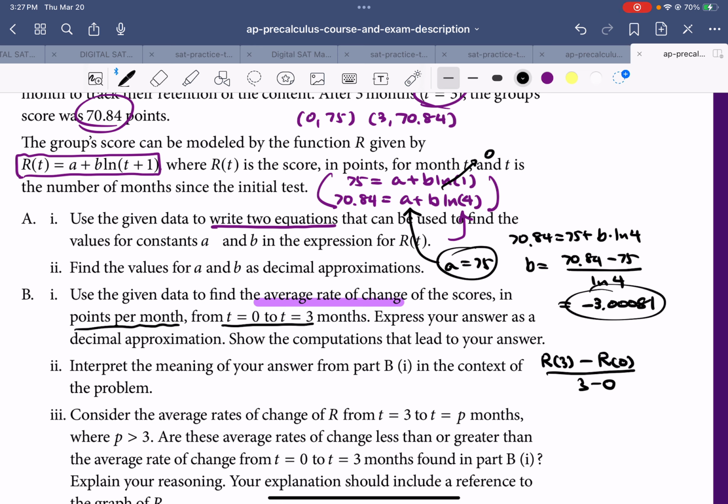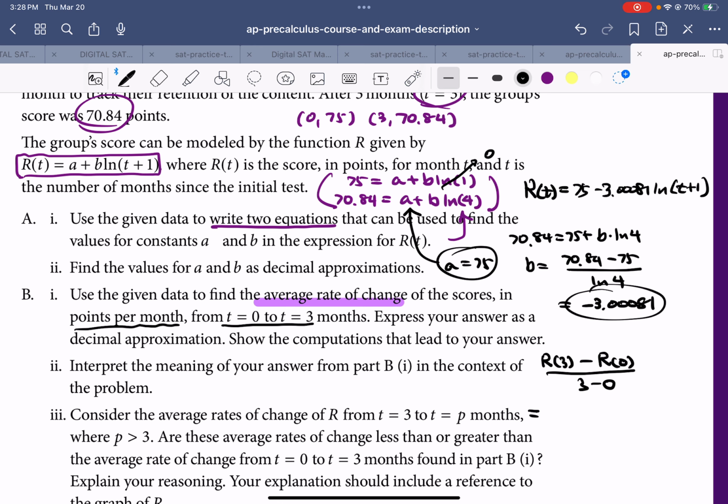And then what is R of 3? Let's complete what R was using this here. We already found A and B, so I can write here: R of t was, A value was 75, B value negative 3.00081, times ln of t plus 1. So that's my R of t.